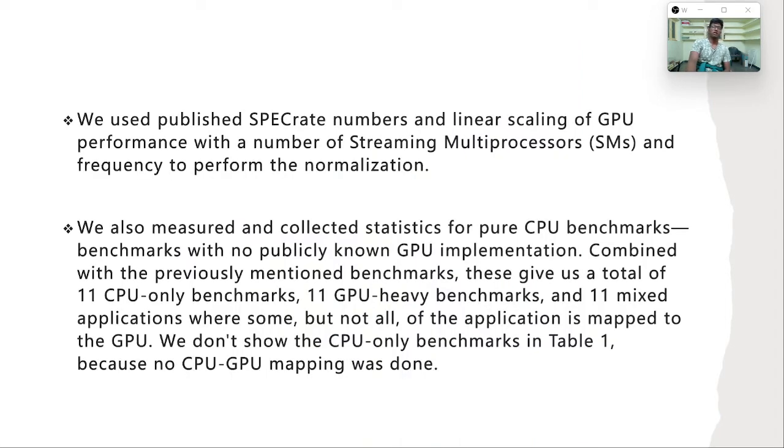We also collected statistics for pure CPU benchmarks with no publicly known GPU implementation, combined with the previously mentioned benchmarks. This gives us a total of 11 CPU-only benchmarks, 11 GPU-heavy benchmarks, and 11 mixed applications, where some but not all of the application is mapped to the GPU.